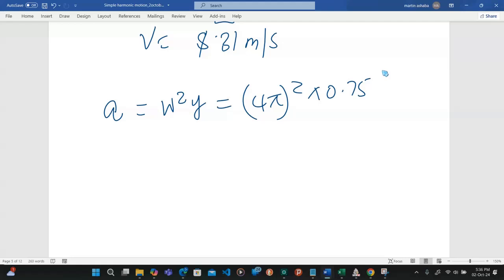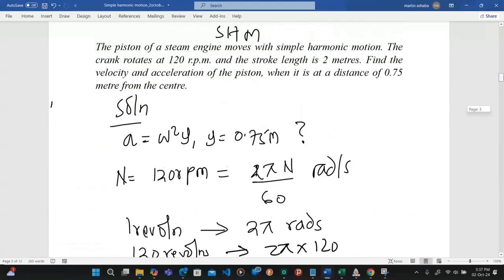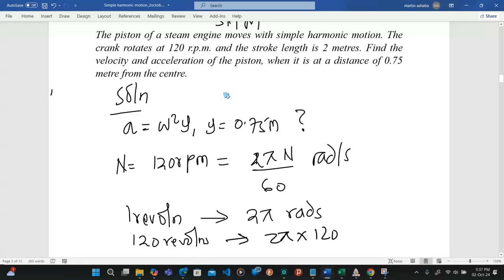So the acceleration, eventually, is going to be 118.43 meters per second squared. So that's how we can get the solution to this problem. We have obtained the velocity and acceleration of the piston at a distance of 0.75 meters.